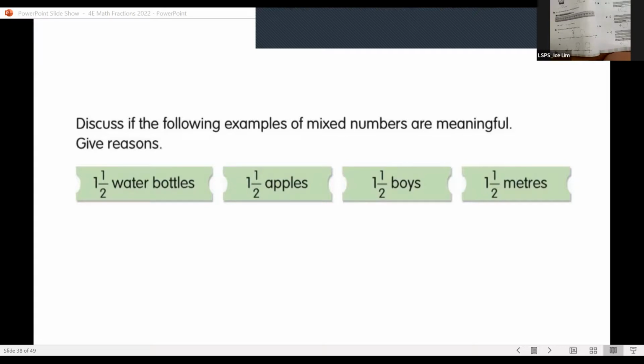How about 1.5 apples? Possible? So 1.5 apples sounds all right. How about 1.5 boys? Doesn't make sense, right? How about 1.5 meters? Yes, cool.